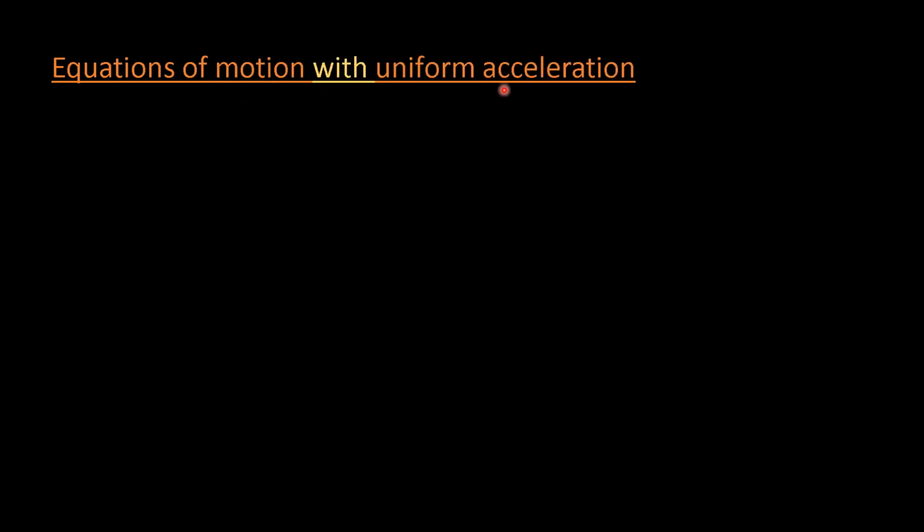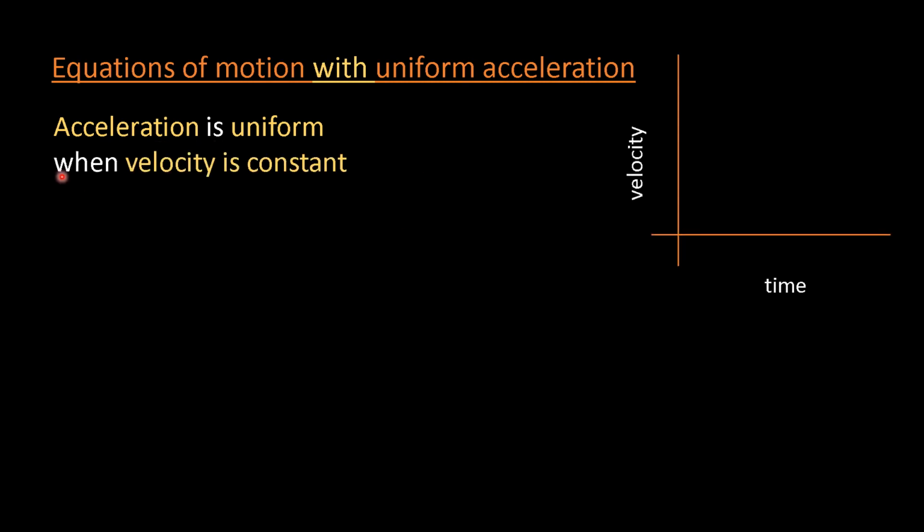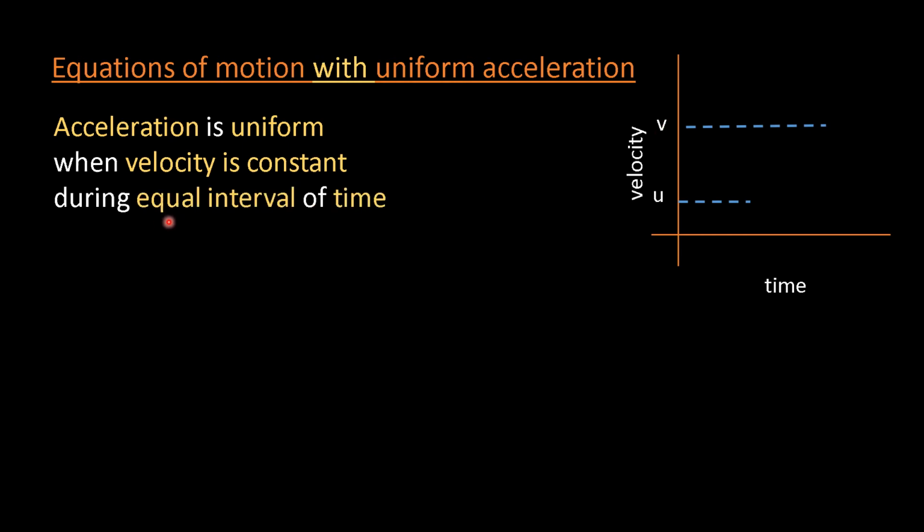We will discuss equations of motion with uniform acceleration. What is uniform acceleration? Uniform acceleration of a body is the acceleration when the change in the velocity of the body from initial velocity u to final velocity v during equal intervals of time, that is, from time t1 to time t2, is constant.